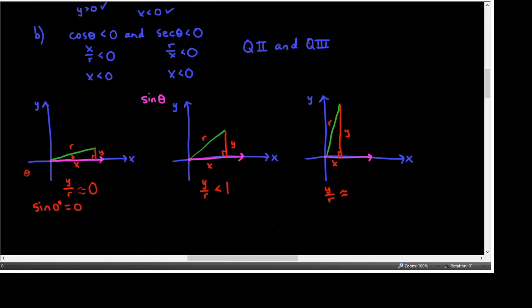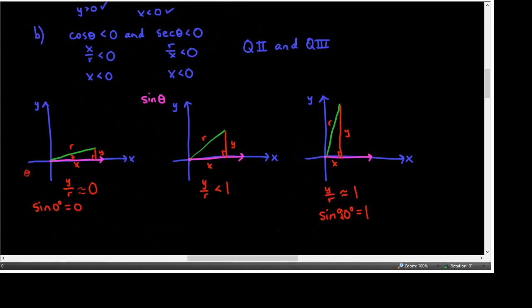And y over r, that y is getting to be almost the same length as r. So this is getting closer and closer to 1. And in fact, that makes sense. If you look back at the quadrantals that we did earlier, the sine of 90 degrees is 1. And so, since our fraction is y over r, the extreme value for a high value is 1. Okay?